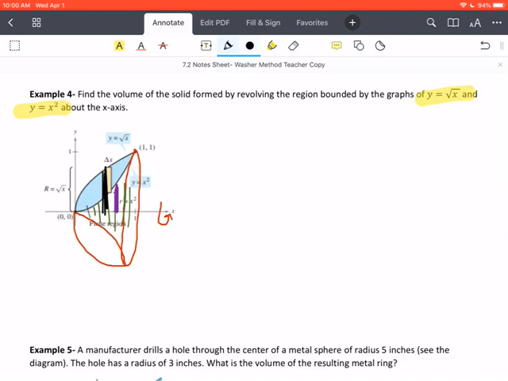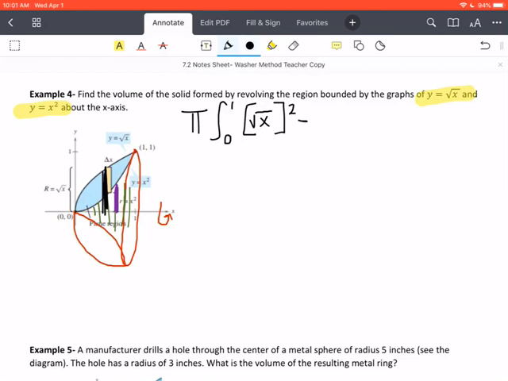So we have to integrate by taking pi times the integral. Now, when we look on the x-axis, we are going from 0 to 1. And our big radius is defined by the square root of x. You can see it's labeled, but we also know what our graphs look like.